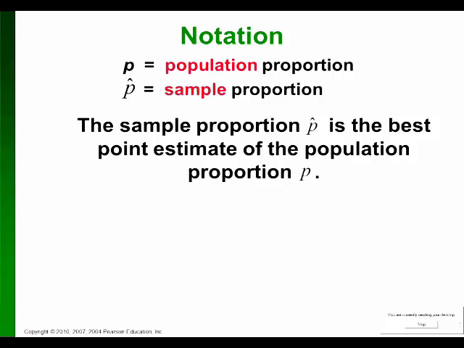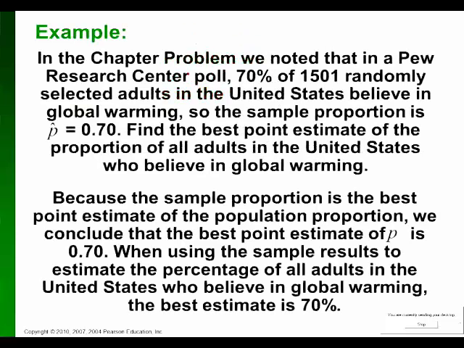In the chapter problem, which we didn't read, so we're just now getting to it, we noted that in a Pew Research poll, 70% of 1,501 randomly selected adults in the U.S. believe in global warming. Now, I would have liked to have known how that question is worded. Were the participants only asked, do you believe in global warming? Or were they asked, do you believe global warming is a crisis?